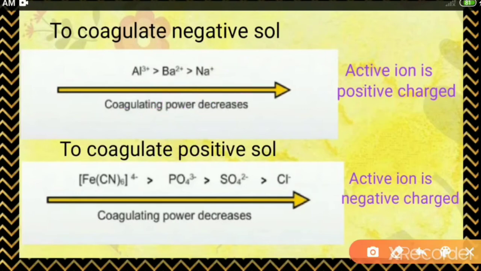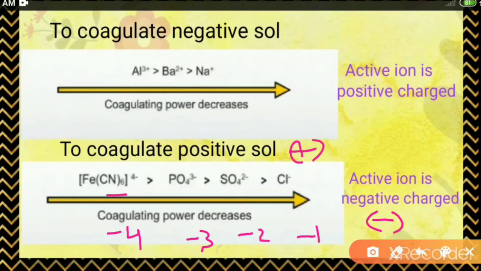If our sol is positive, what will be the charge on the active ion? The active ion should be of negative charge, that means opposite. Here are some negatively charged ions. Which has the greatest charge? This one has a -4 charge, this one -3, sulfate -2 and chloride -1.